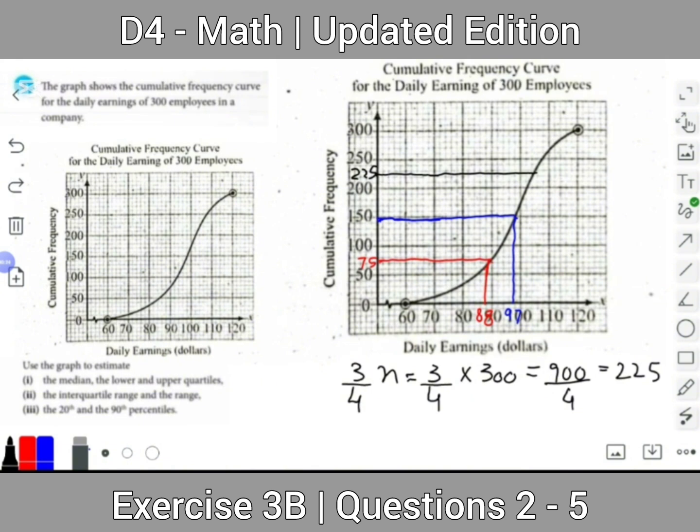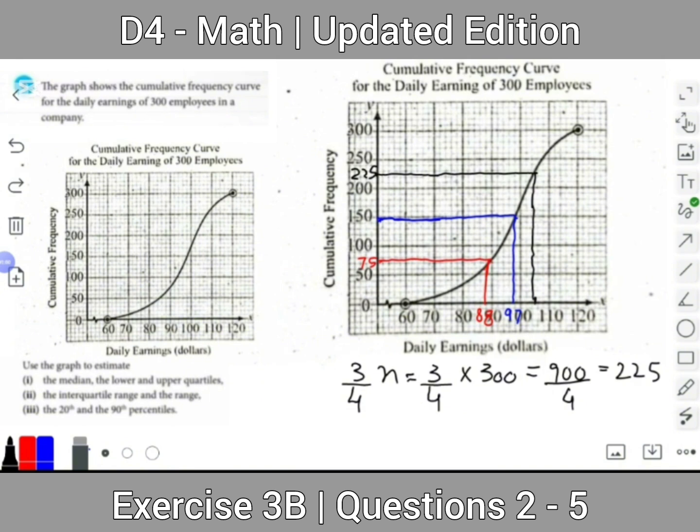So here we have, since we know that each square unit along the x-axis is equal to 2. So after 100 we have 102, 104 and 106.